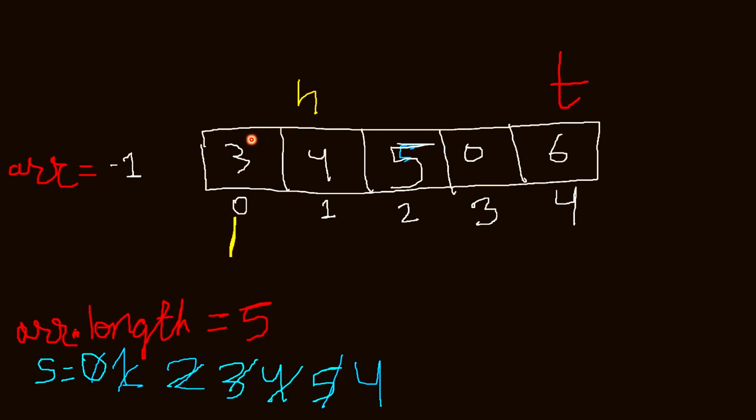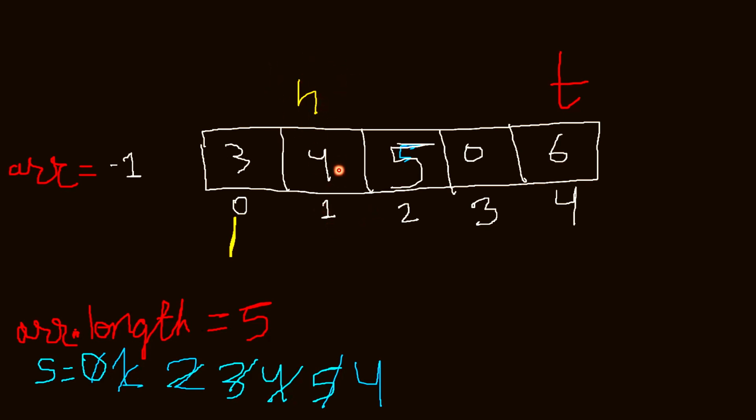Now head is pointing at index 1, tail is pointing at index 4, and the size is 4, right? So if I want to know what is the front element of the queue, wherever the head is pointing, that will be our front element.